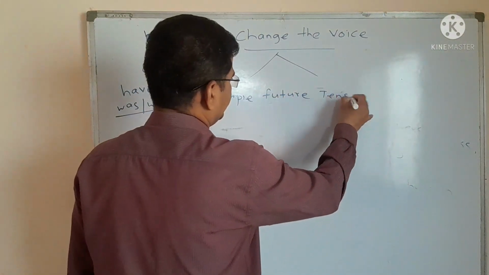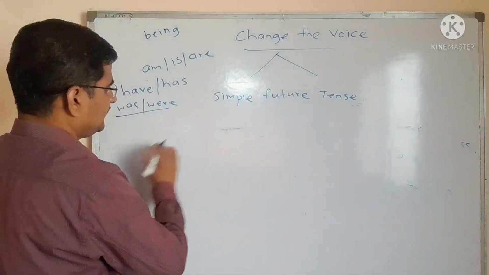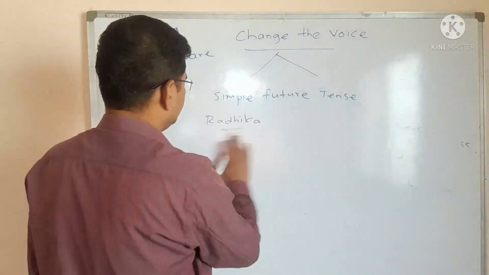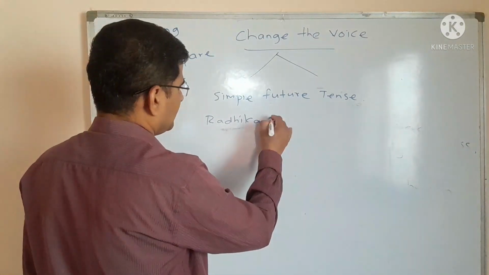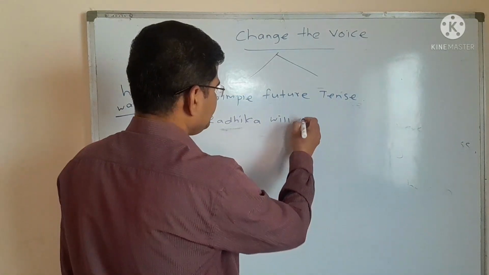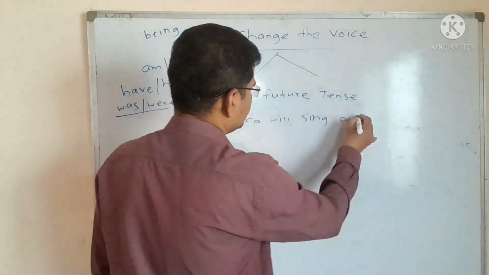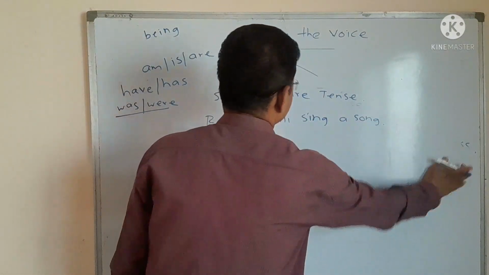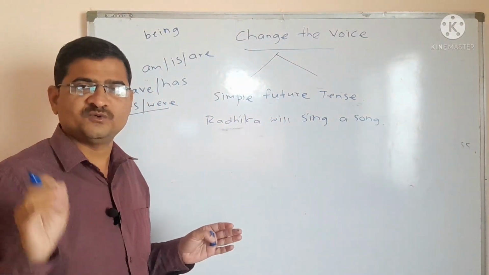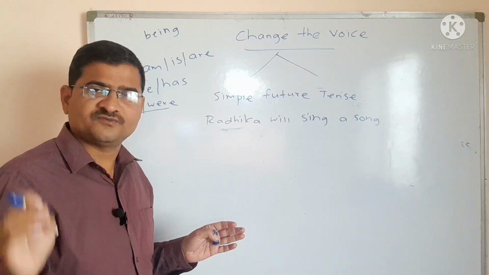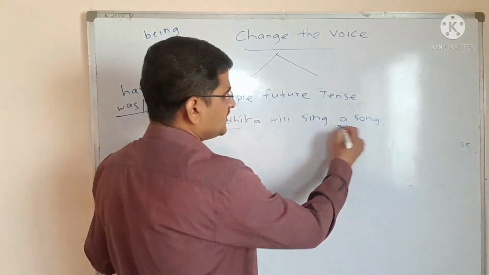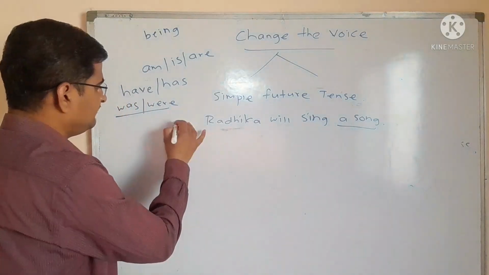Radhika will sing a song. So here also the first rule is the same. You have to find out an object from the sentence. What will Radhika sing? A song is an object, so you have to use it at the beginning.